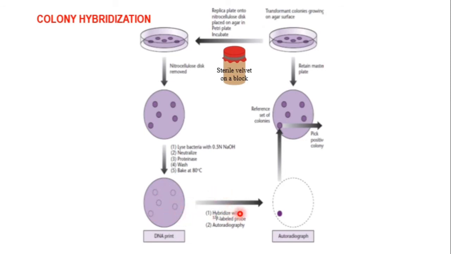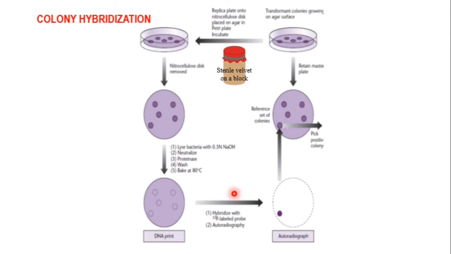After adding the probe, we allow it to hybridize on the nitrocellulose membrane containing DNA, and after a period of incubation we wash. At that time the unbound probes will be removed, and we'll get only bound probes on this nitrocellulose membrane.